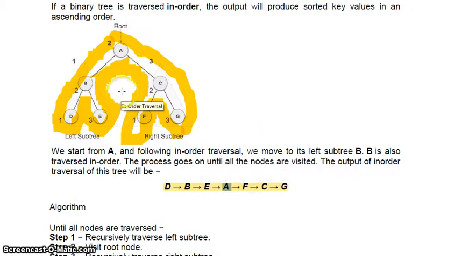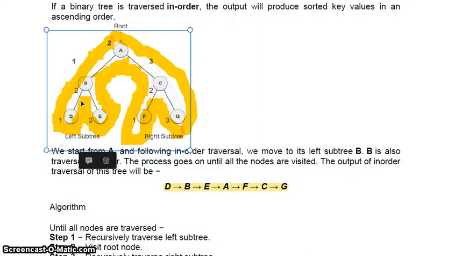So what you need to do is first draw a line like this which will show the path, and traverse from the left side. Find the bottom nodes. D is the bottom node which comes first, then it flows like this. The next node is B. Then it flows like this, and the next node is E. Then it goes like this, to the node which connects to the bottom.